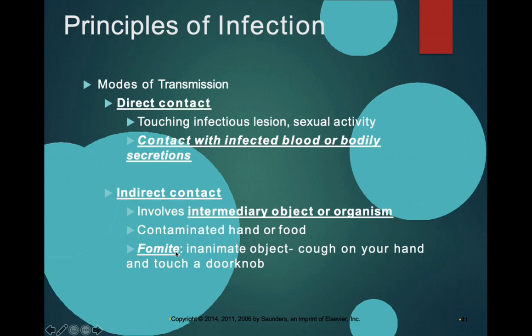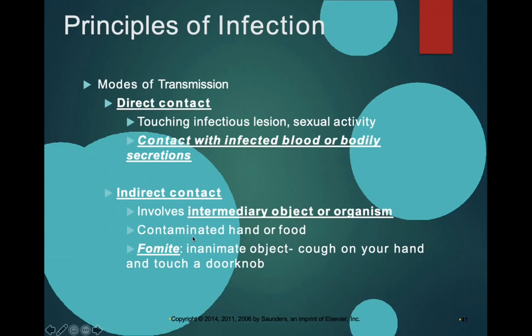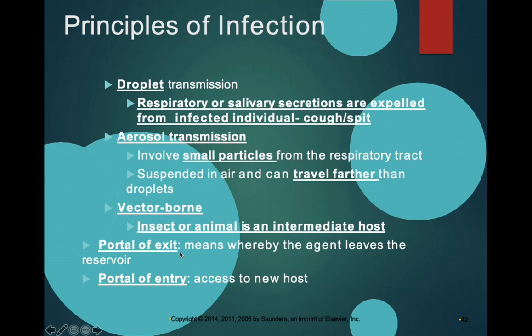We mentioned fomites before. That's an inanimate object. Maybe someone's at a restaurant and they cough and sneeze and it ends up on the silverware. And then you put that in your mouth. Someone coughs or sneezes on their hand and they touch a doorknob, right? So that would be indirect contact. So you should know fomites is also a very important term.